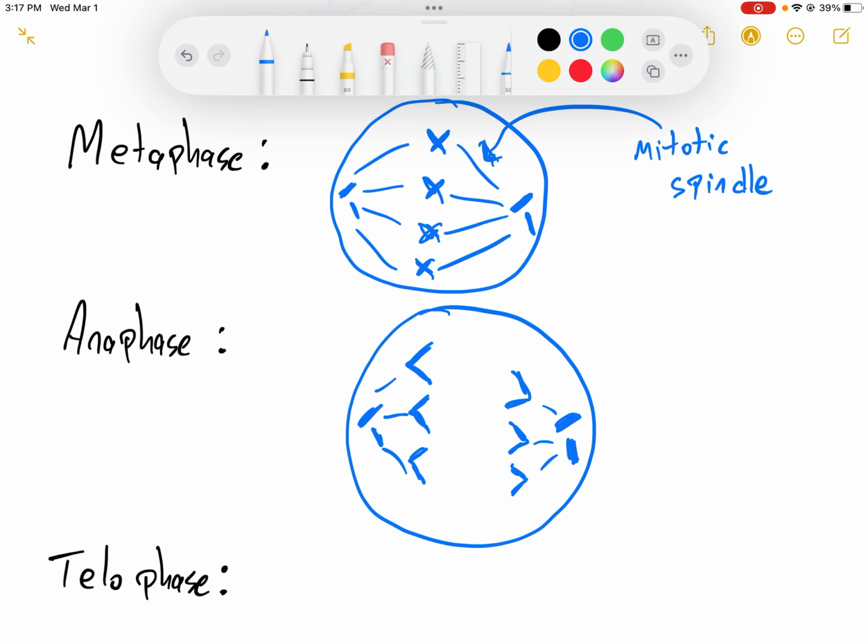So you can see that they have separated here and here. They have come apart from each other, and that's because the centriole is literally pulling those ropes. Those spindle fibers are kind of like ropes. They're pulling those ropes towards themselves. So these are our chromosomes.